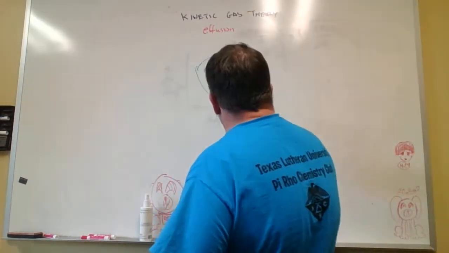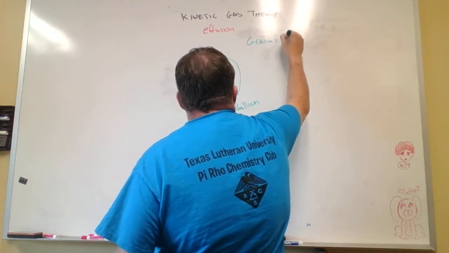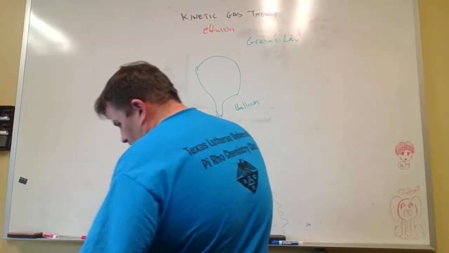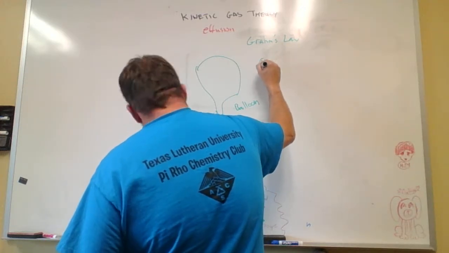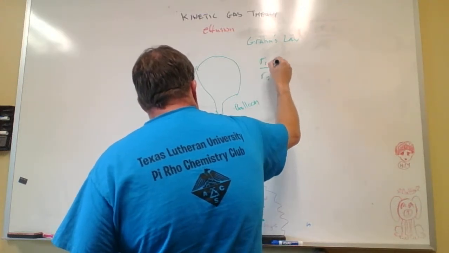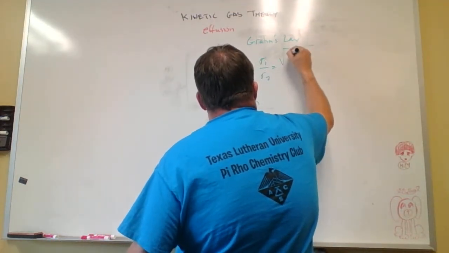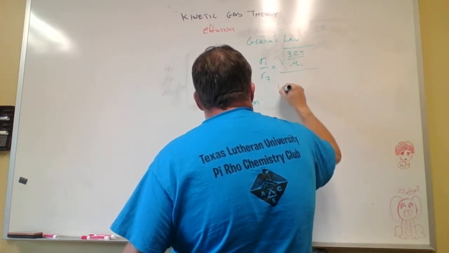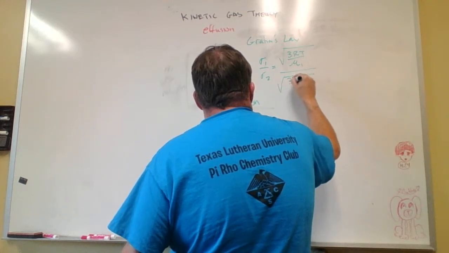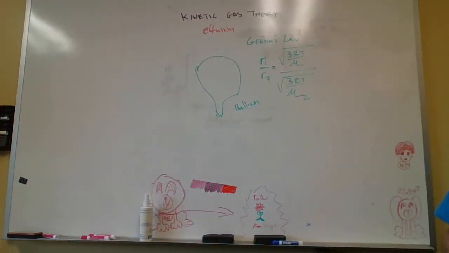So this is called Graham's law, and Graham's law has to do with rates. Both of these rates, R1 and R2, are equal to the square root of 3RT over the molecular weight M1, and 3RT over M2.